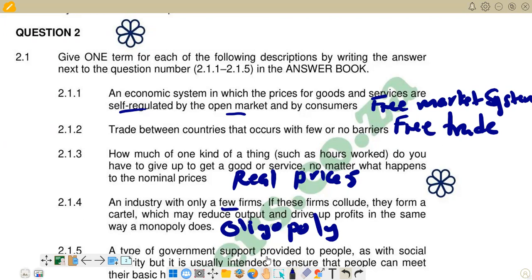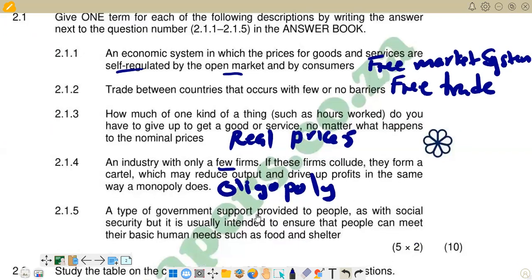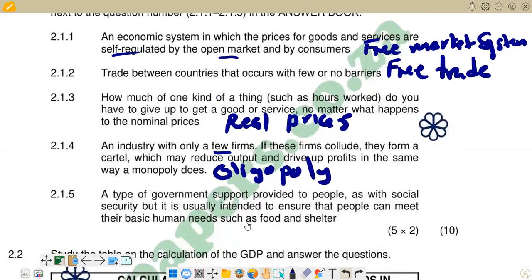Then we go to the next one, which is 2.1.5. It reads a type of government support provided to people as with social security, but usually intended to ensure that people can meet their basic human needs, such as food and shelter.